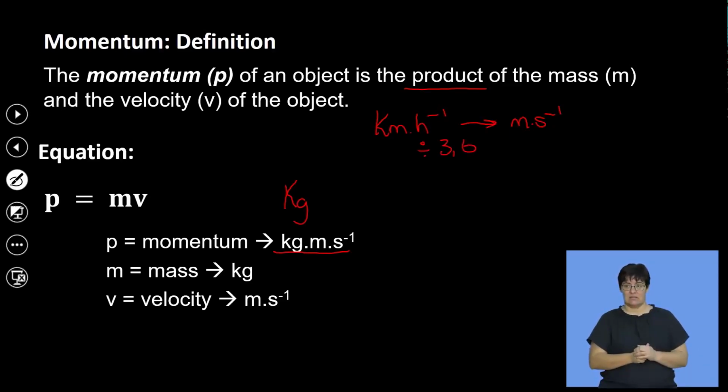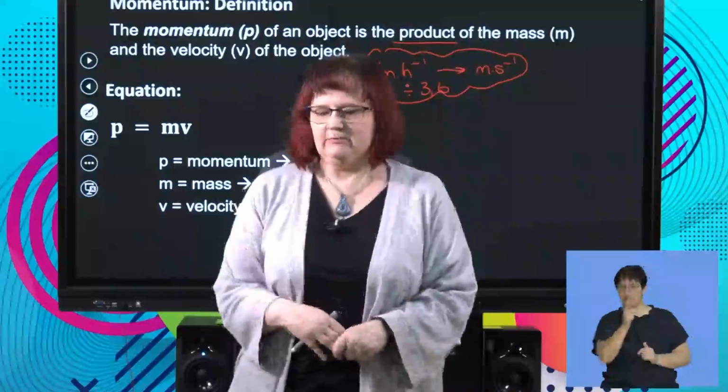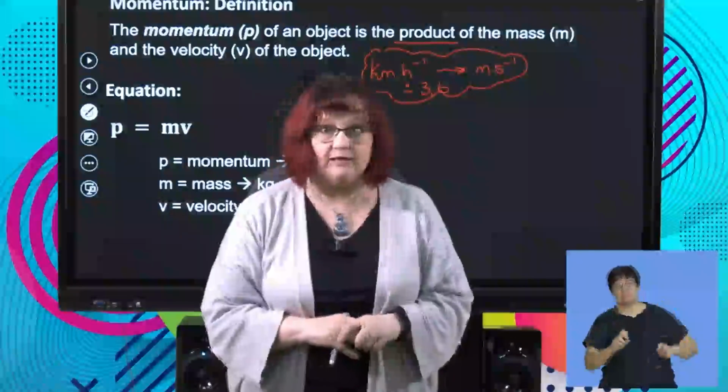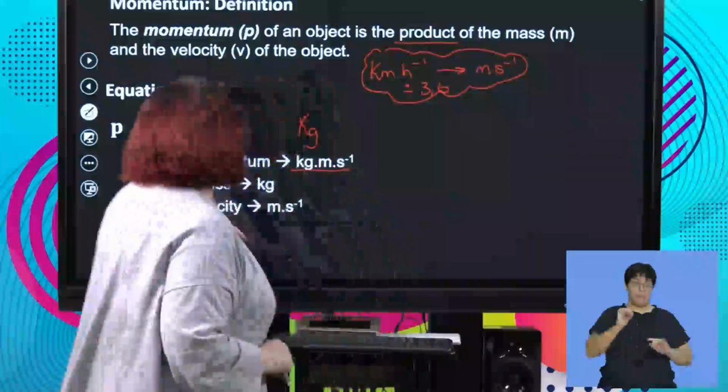Keep this on a back burner, because it might come up in vertical projectile motion, or in work, energy and power, but you need to be able to convert that. So we divide by 3.6. I'm not going to worry too much about how we get there.